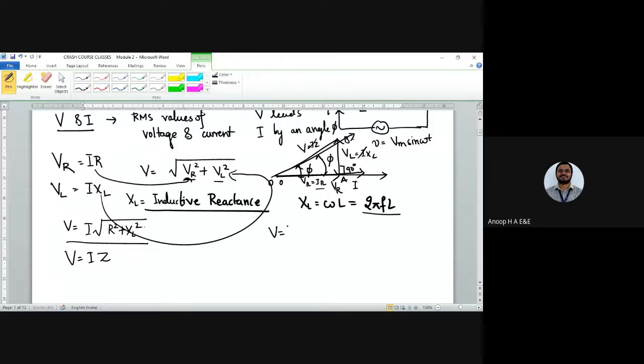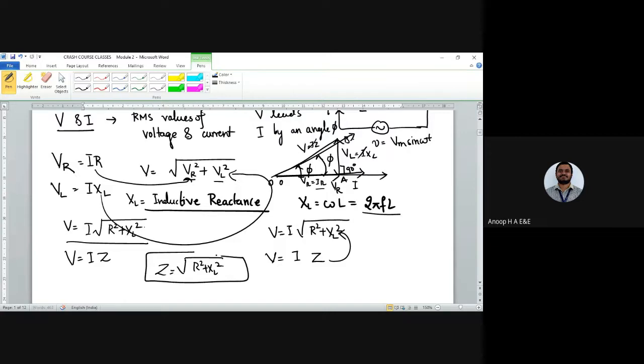So V would be equal to I root of R squared plus XL squared. V would be equal to I into Z. So this Z term is called root of R squared plus XL squared. Got it? So Z, I can represent as root of R squared plus XL squared.